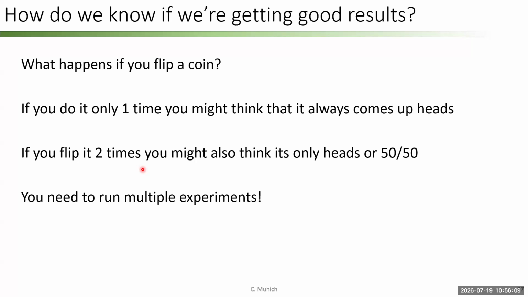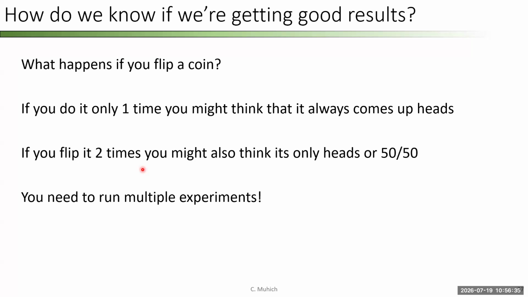And before we get into this, I'd like to start with an example because I think this may help you visualize this. What happens if you flip a single coin? If I flip one coin one time, I might think that, hey, when I flip coins, I always get heads because when I flipped that coin that one time, it came up heads.